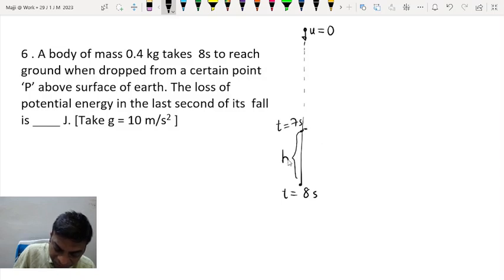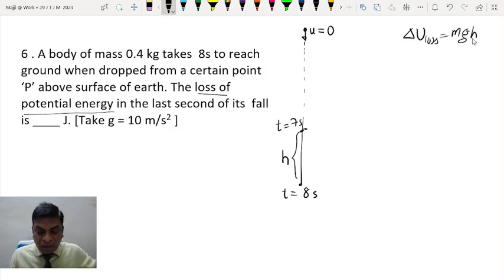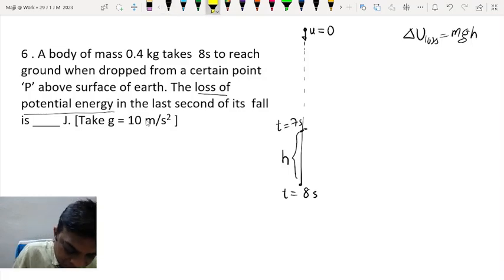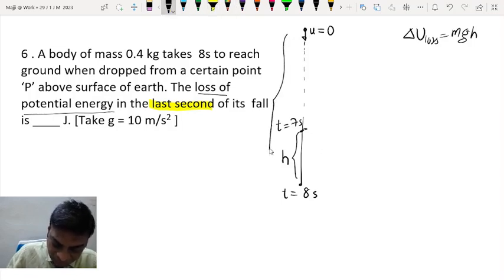If we can find this height, then the required loss in potential energy will be mgh, where h is the height fallen by the object during the last second of its motion. So the last second would actually mean the total height fallen during 8 seconds minus the height fallen during the 7 seconds.